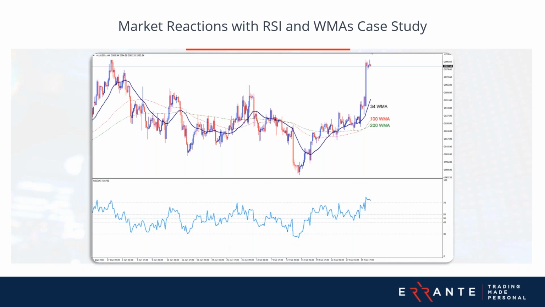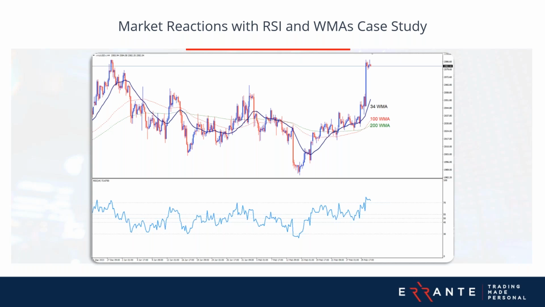Let's explore some real-world examples where traders successfully applied these methods, demonstrating the power of combining RSI and WMAs to interpret market sentiment and capitalize on trading opportunities. Okay, here we have a compelling illustration of how RSI and WMA work in concert to provide us with vital trading signals.